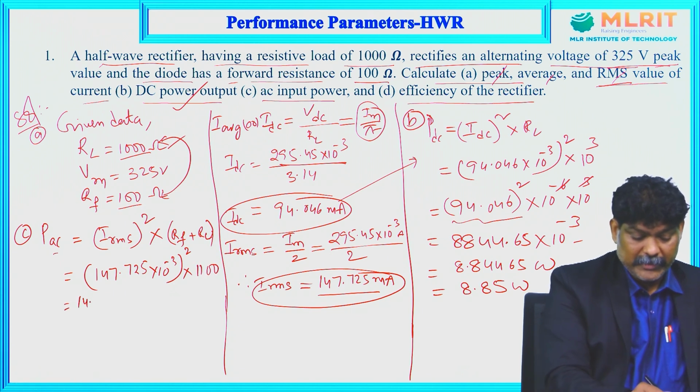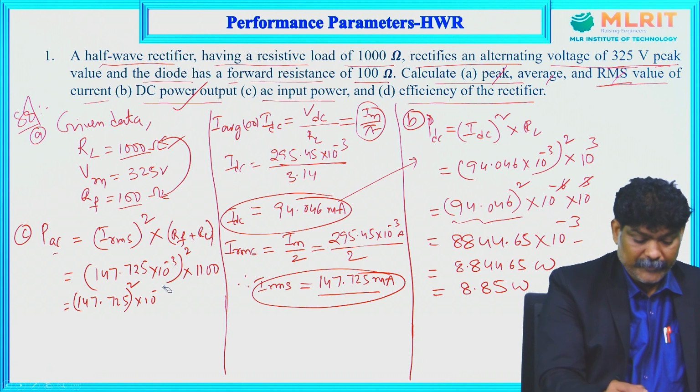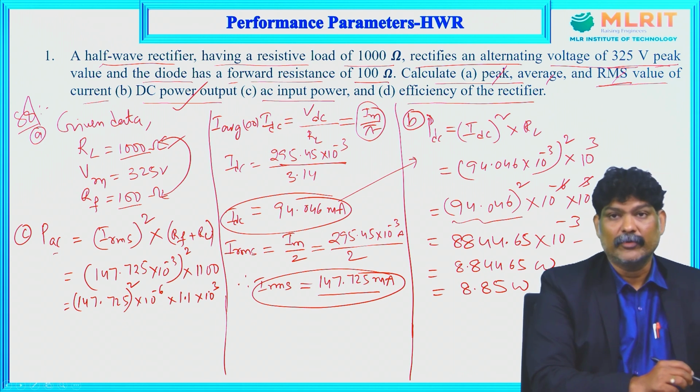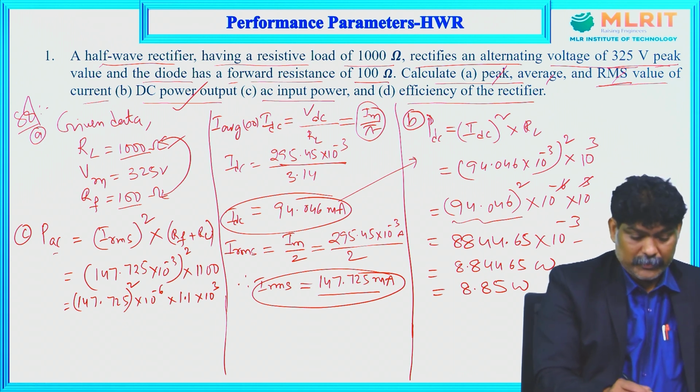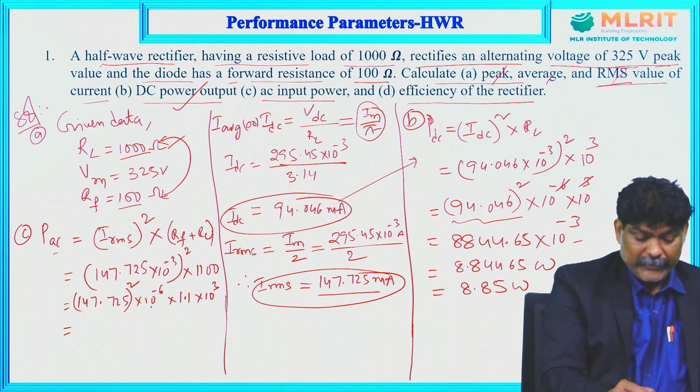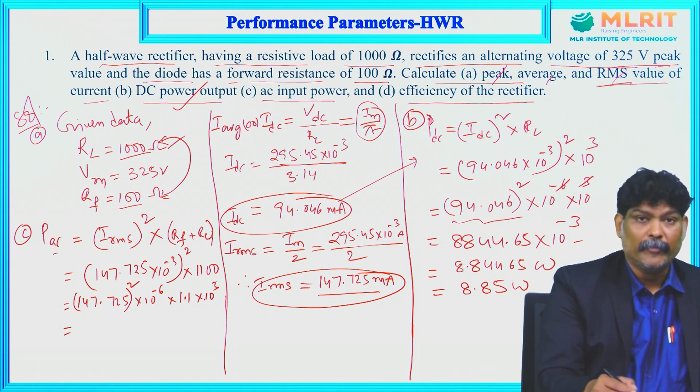Or we can write this as 147.725 into 10 power minus 3, whole square, into 1.1 into 10 power 3. So 10 power minus 6 and 10 power 3 becomes 10 power minus 3.